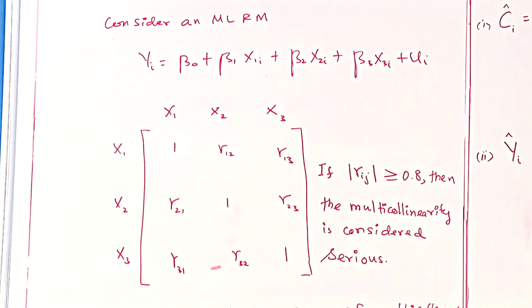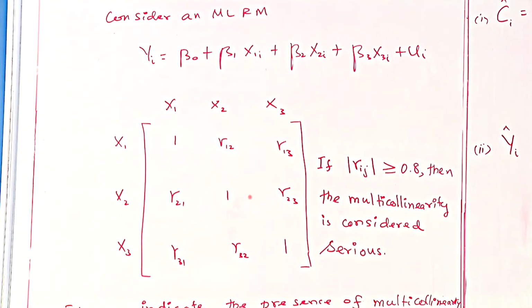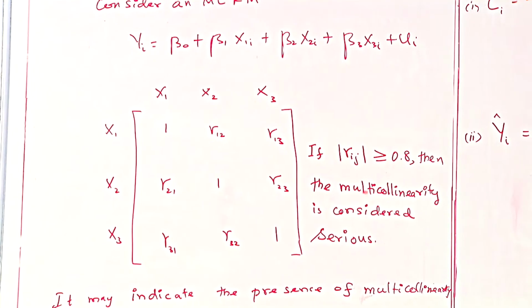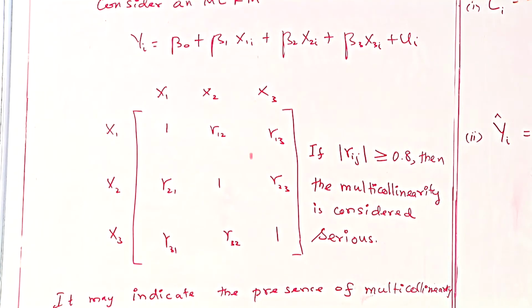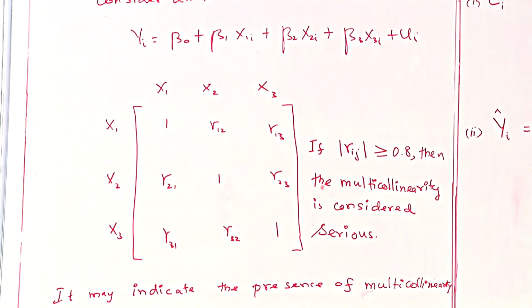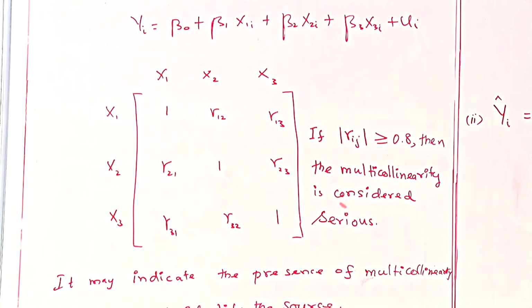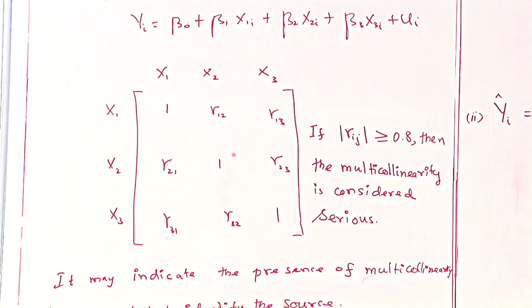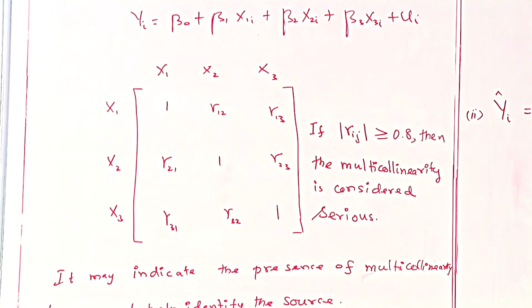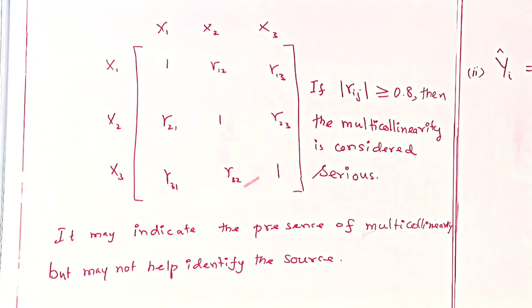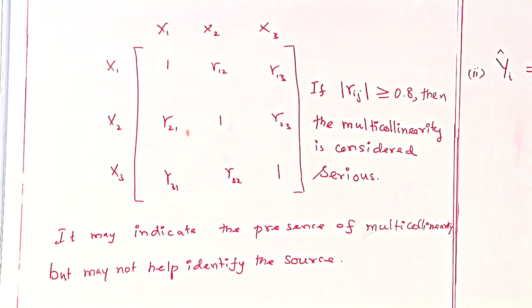This table shows the simple zero order correlation coefficient matrix. The decision is taken based on the absolute value of the correlation. If it is more than 0.8, then we may consider the multicollinearity problem to be very severe. So, it may indicate the presence of multicollinearity, but it may not help identify the source, because the zero order correlation coefficient is very enigmatic.